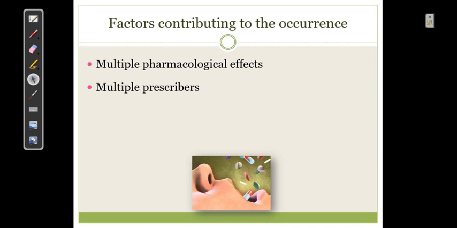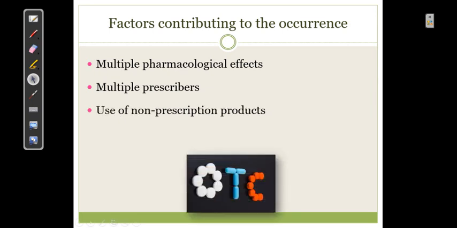Moving to the third factor, the use of non-prescription products, what you call OTC, over-the-counter drugs. This is a big issue, even in developed countries, because with OTC medication you never come to know. Patients normally hesitate to tell that they are taking such and such medication, maybe herbal medication, or drugs like NSAIDs, non-steroidal anti-inflammatory drugs.